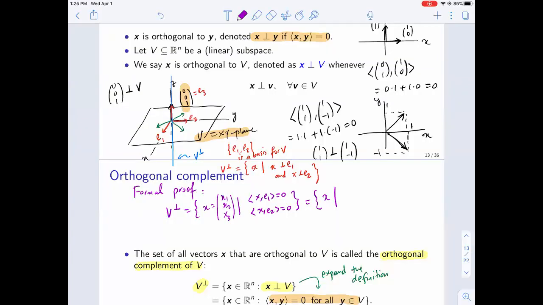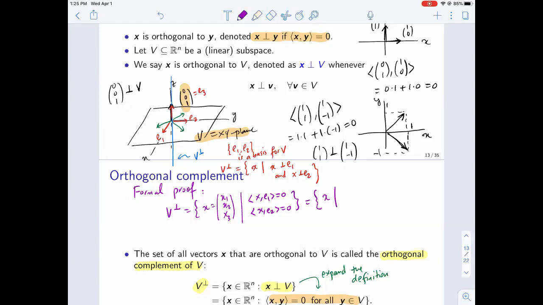Okay, so what is the inner product of x and E1? So x has x1, x2, x3 components. That's my x, and so V perp is this. What is the x inner product with E1?